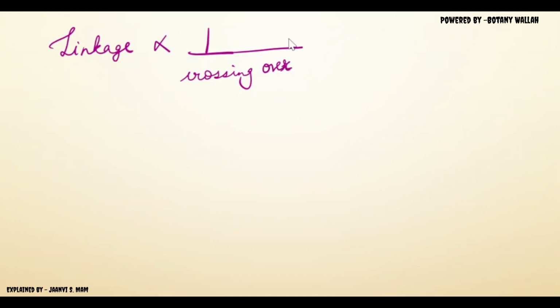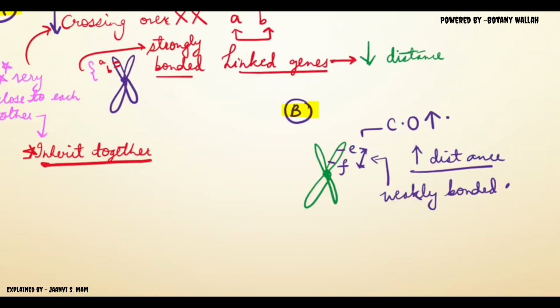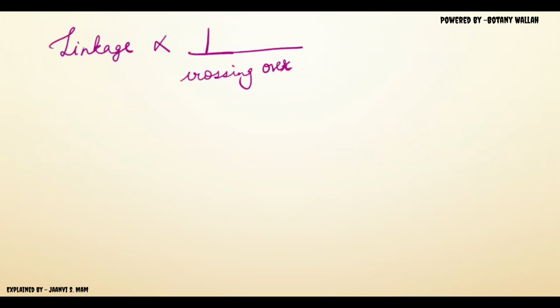Speaking about the distance, if the linkage is higher, the distance between the two genes is lesser. So if linkage needs to be higher, the distance between the genes must be lower.